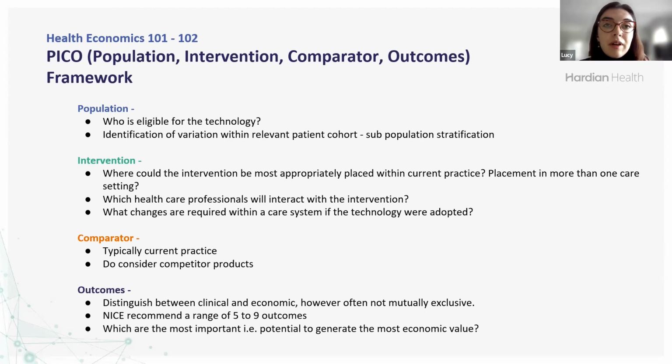But it is also important to consider competitive products and look at the data available on those competitive products. And as the industry grows, and there are multiple companies competing in the same space, we will need to start factoring in the impact of competitors on the health economic value story.